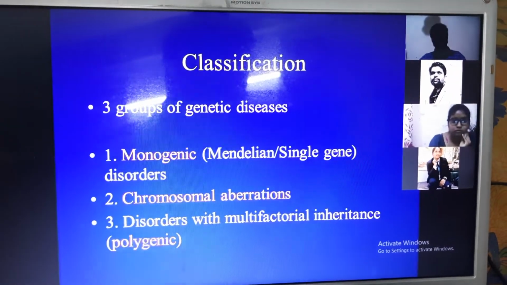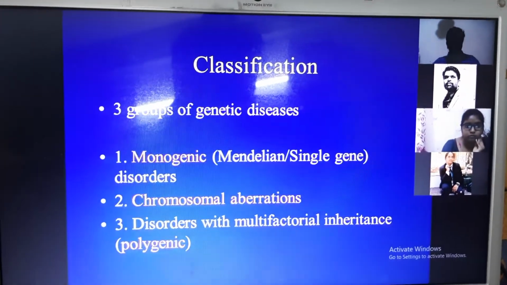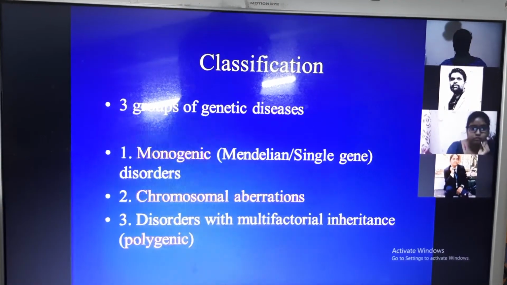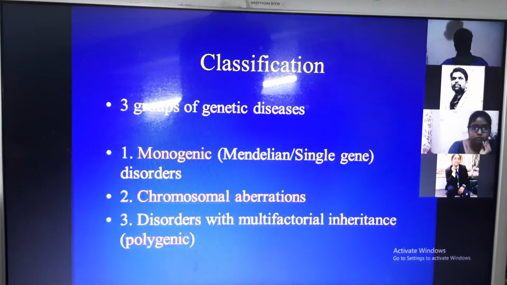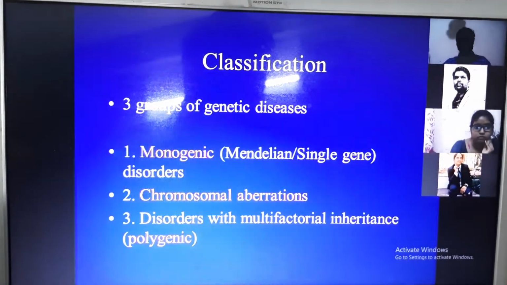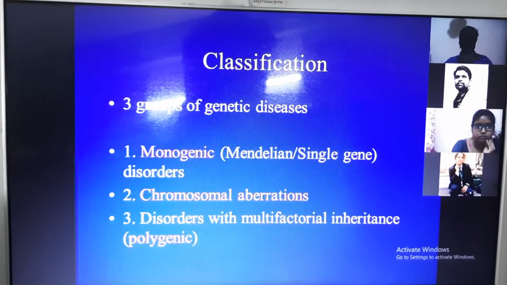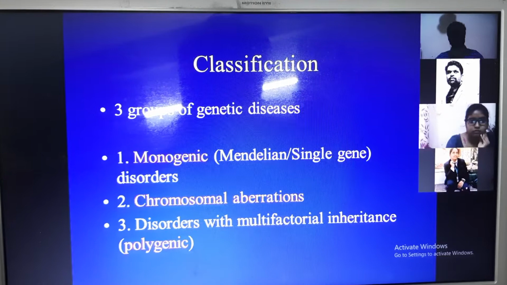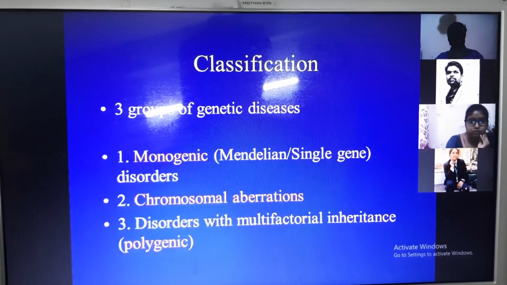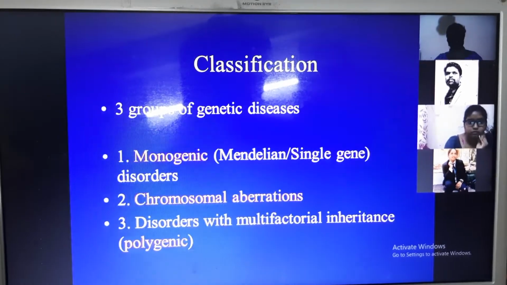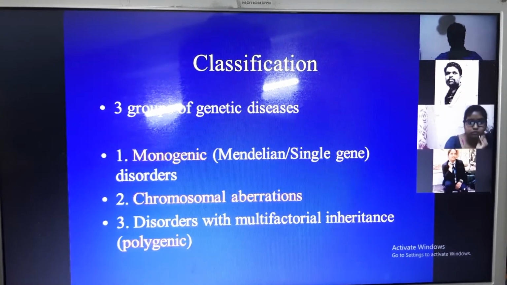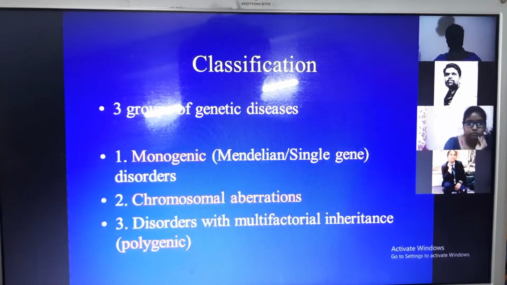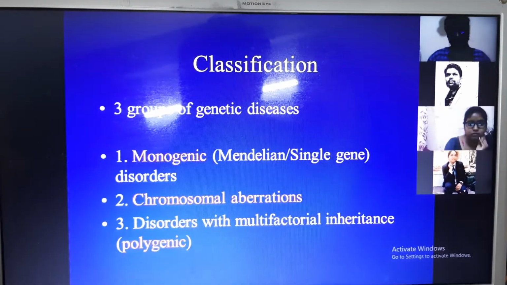What happens with respect to the multifactorial inheritance is it's not always limited to the effect of a gene. And in most cases, it is due to the genome interacting with environmental factors like stress or lifestyle, diet, etc. So under this particular multifactorial inheritance, we'll be discussing rheumatoid arthritis, diabetes, cardiovascular diseases.